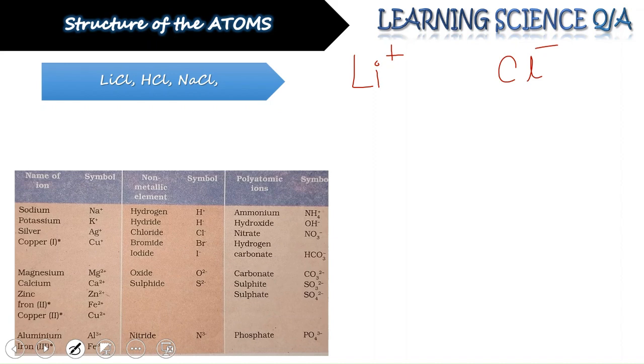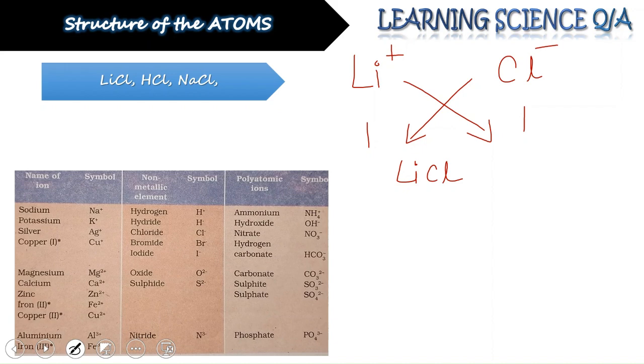If you want to write the chemical formula, we need to write their valency or their charge just below them or over them, and then you can cross multiply the charges. If we have only one charge over each of the elements, we don't need to write the charge as the subscript or the number of atoms combining in the compound. We can simply write LiCl.